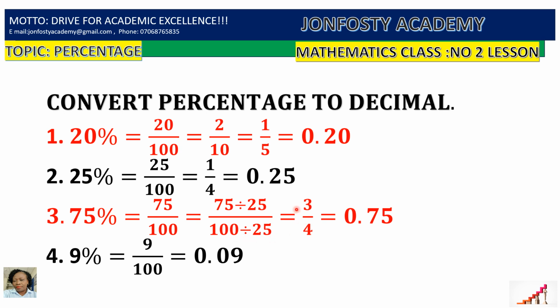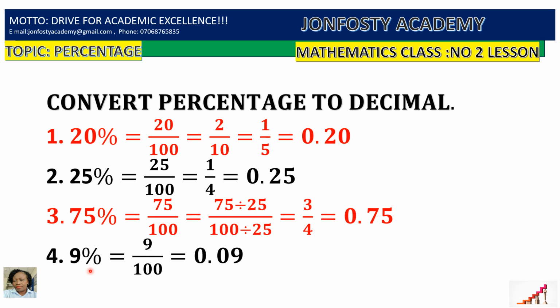And our final answer becomes 3 over 4. We further convert this fraction 3 over 4 by dividing by 4. 3 divided by 4, it cannot go. We'll put 0 and add a 0. 30 divided by 4 will give us 7, remainder 2. And 20 divided by 4 will give you 5. This is how we got 0.75.